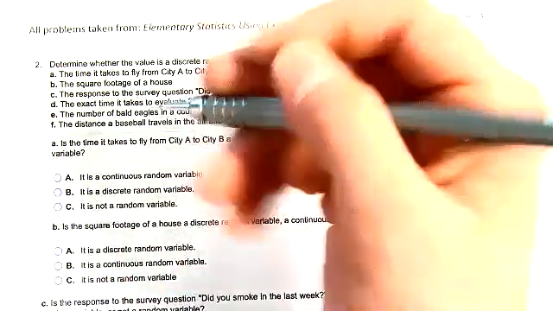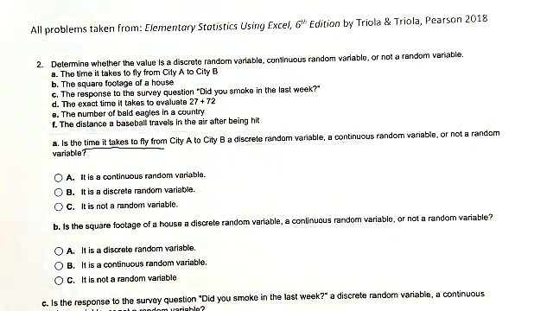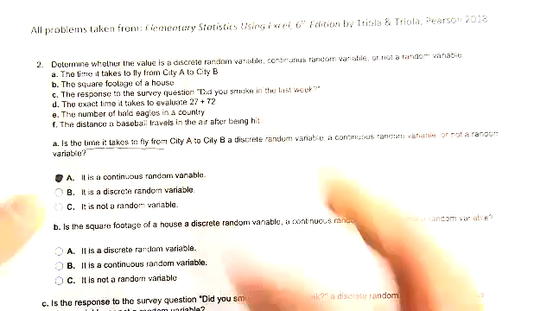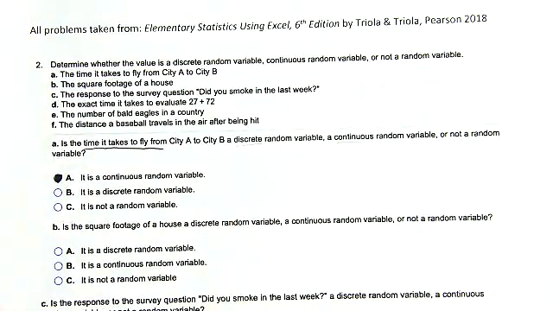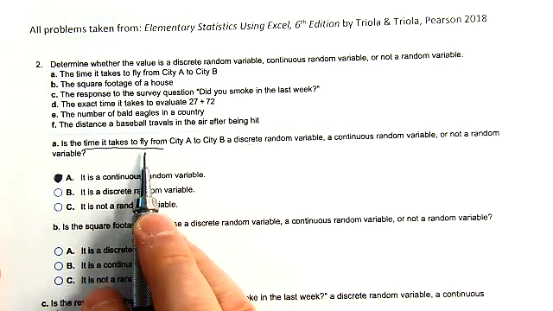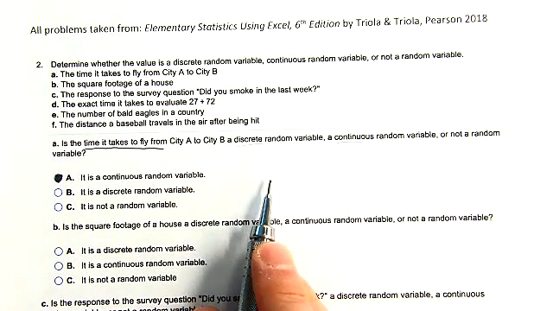Time to fly from one city to another is, I'll just give it to you and then we can discuss it, continuous. Because you can have decimal values, and depending on what unit you use, if you use seconds, there are a lot of different possible answers you could get. So it might take 60 minutes and 3 seconds. It might take 60 minutes and 4 seconds. I mean, you could have literally an infinite number of possibilities here.